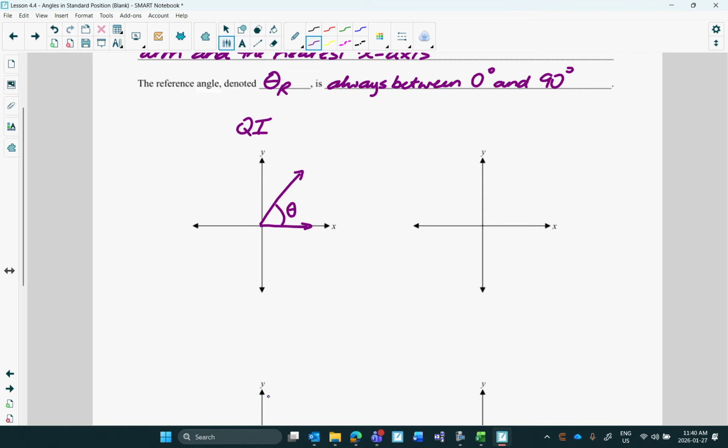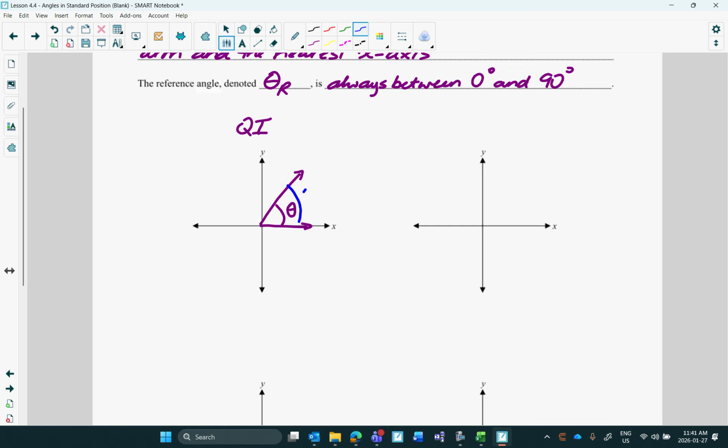The reference angle, if you look at the definition, is the angle that's formed between the terminal arm of this angle and the nearest x-axis. Is the nearest x-axis here or here? Where's the nearest x-axis for this arm? This one or this one? To the right, right?